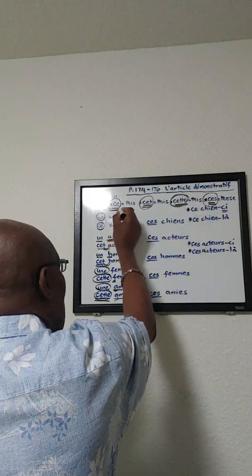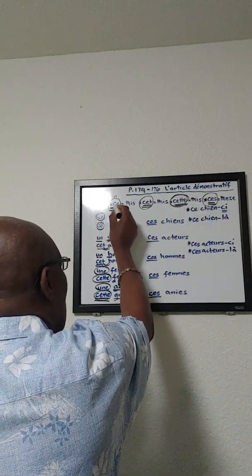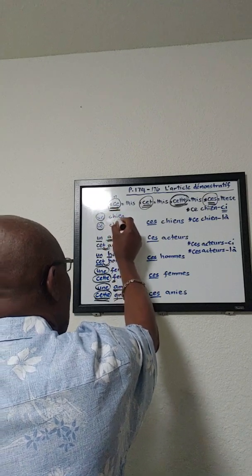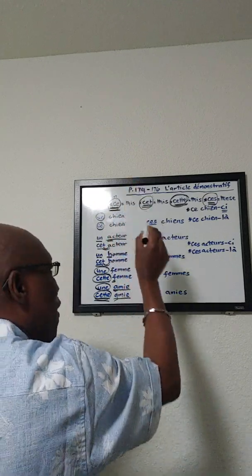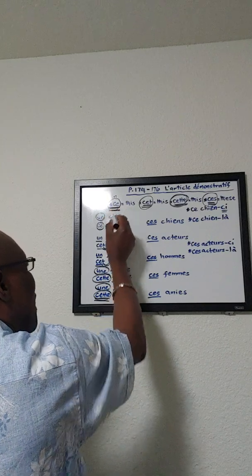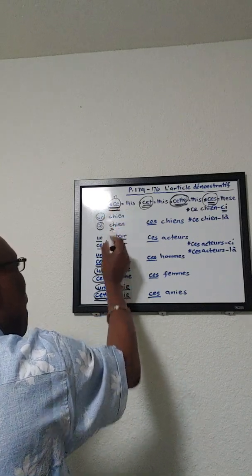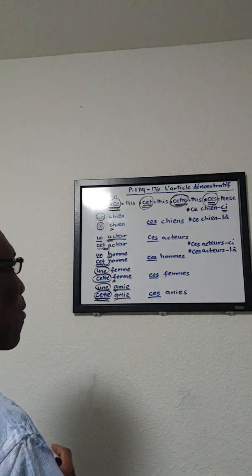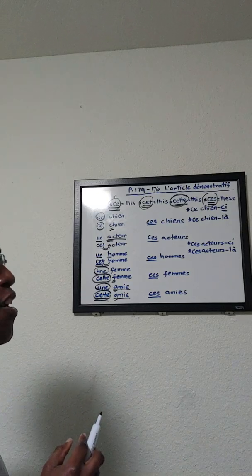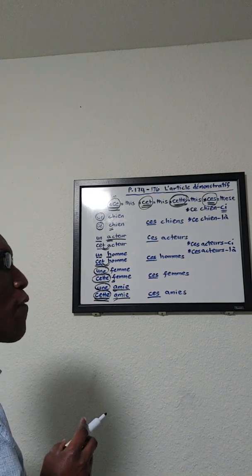Here we use this one if the singular masculine noun begins not with a vowel. We use this one if the masculine singular noun does not begin with a vowel.